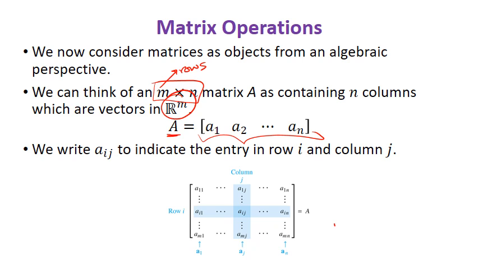If we have a relatively large matrix like this one here, we might refer to a specific entry as A sub ij. So basically i represents the row in which the entry is found, and j is the column.